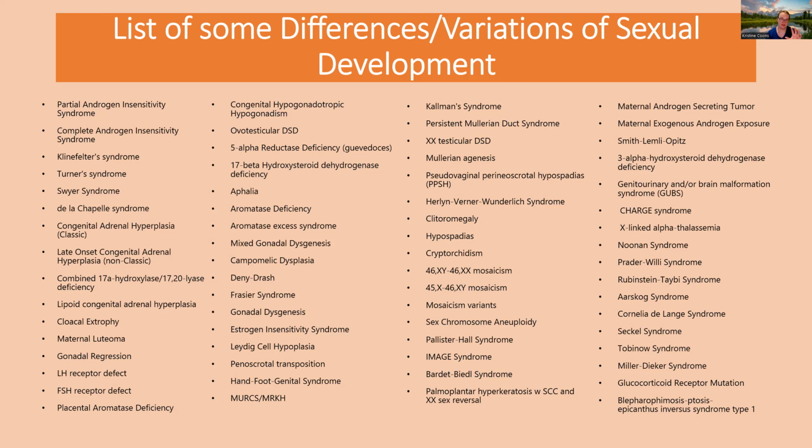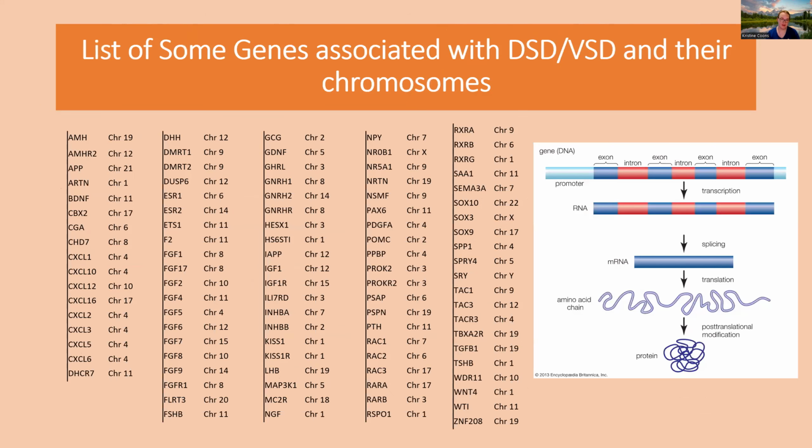All these entities can be represented also by some sort of genetic component. As I mentioned in the last slide, when we look at the genes that are involved in sex development, there's a number of them. It's not just one, it's not just the SRY gene, it's not just SOX9, it's a collection of a lot of different genes. This is just a list of some of them, because if I put a whole bunch on here, like over 200, it would just fill the screen and be overwhelming.